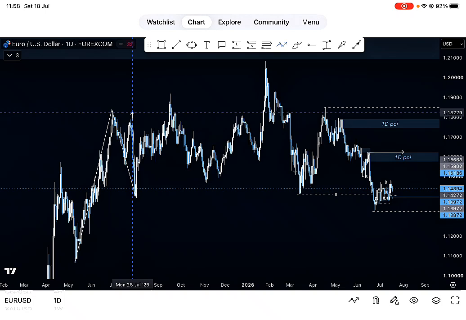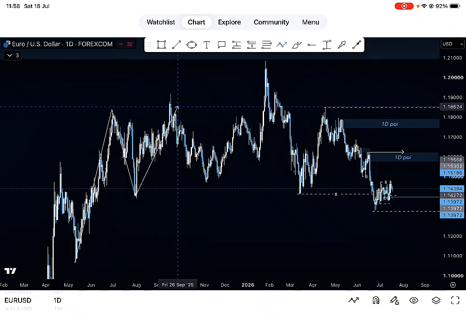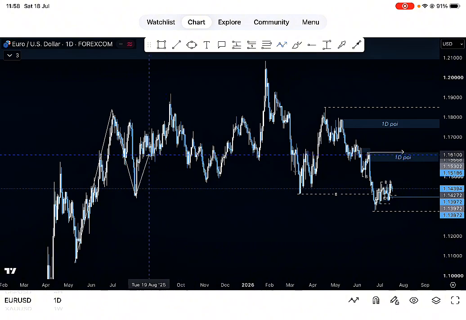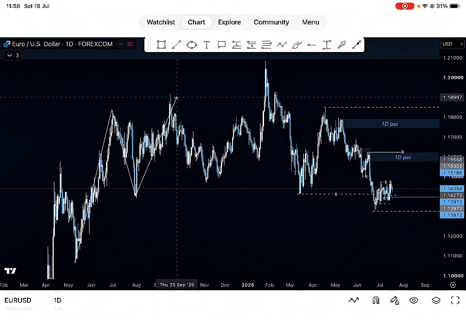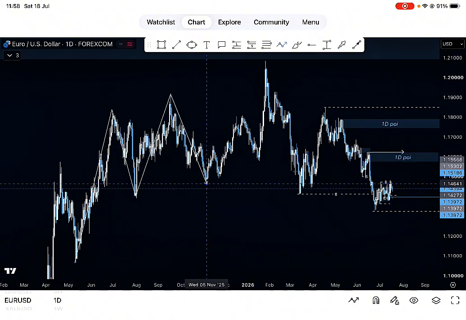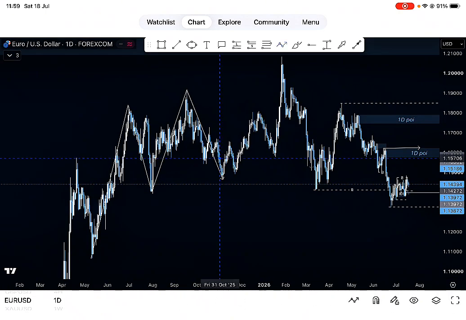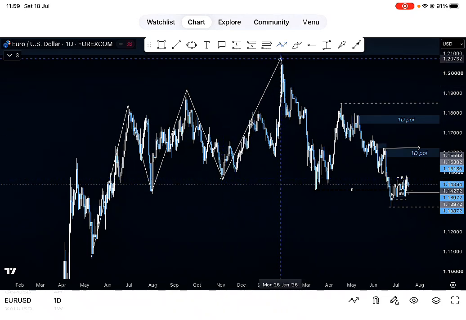This is a good break of structure, and it took liquidity here. It cleared all this liquidity and it broke structure. This made a lower low, higher low, then it made a higher high.